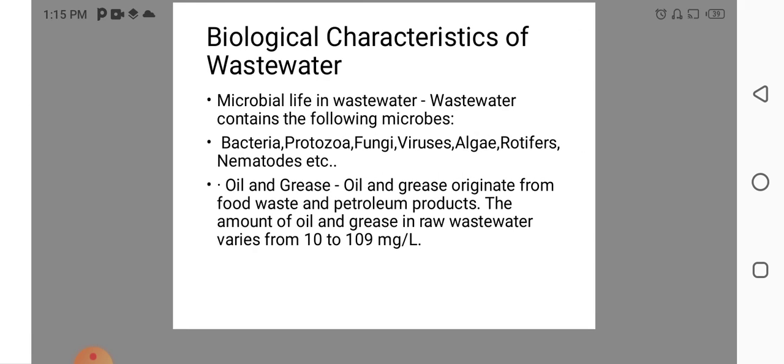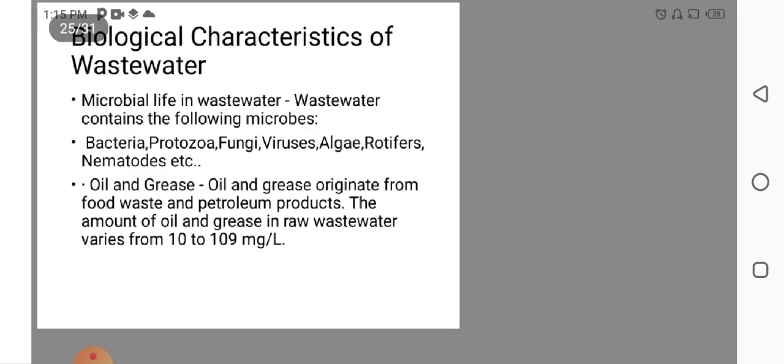Microbial life in wastewater contains microbes like bacteria, protozoa, fungi, viruses, algae, rotifers, etc. Oil and grease originate from food waste and petroleum products.